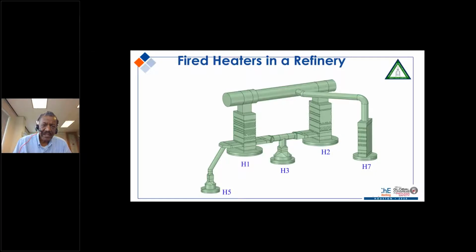Heater H1 was getting hot flue gases from H5 and partially from H3. There was another steam generation section in H2 and H7. But due to brevity of time, we will be focusing today on the H1 heater.